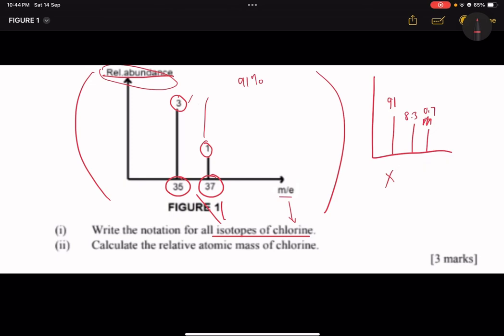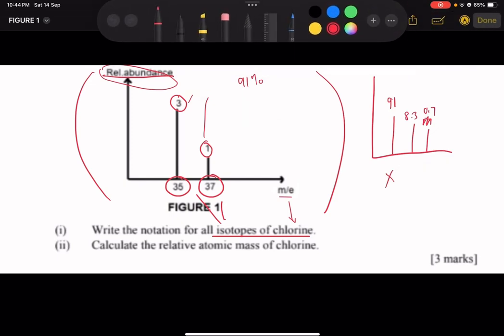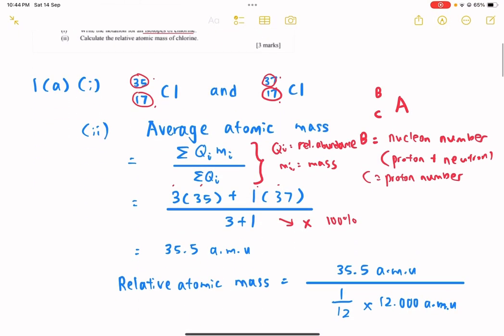For this case it's 3 plus 1 only. After that we find the answer, 35.5 AMU. Please note that we have to use this unit, AMU, which is atomic mass unit.